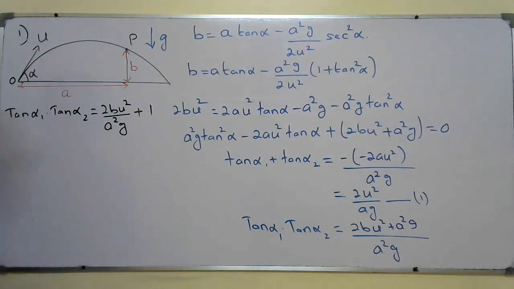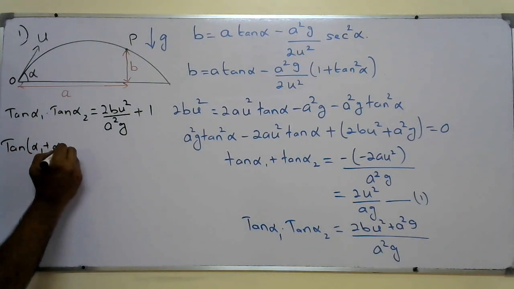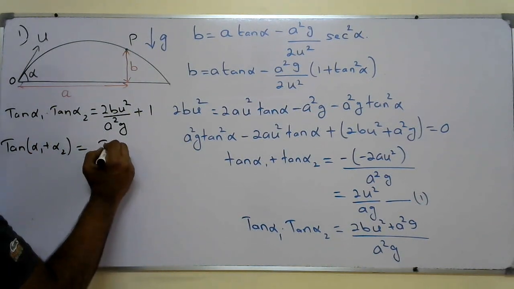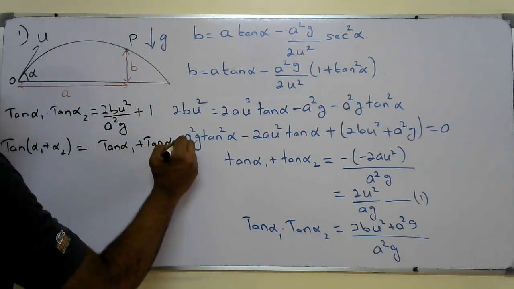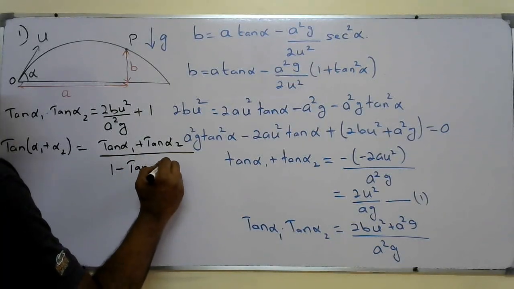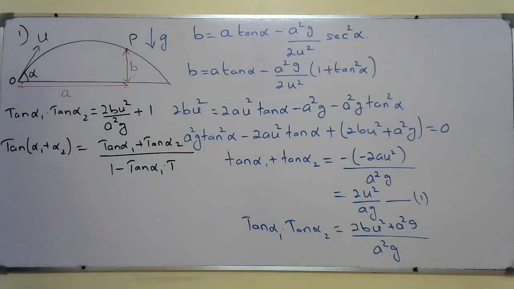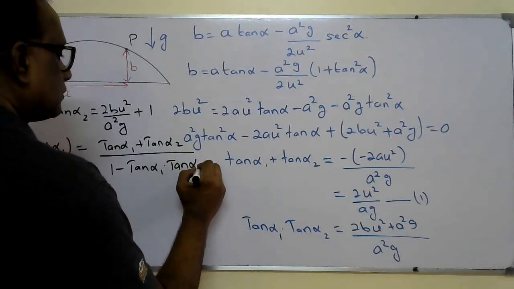The question is about tan of alpha 1 plus alpha 2. We know that tan of alpha 1 plus alpha 2 equals tan alpha 1 plus tan alpha 2 over 1 minus tan alpha 1 into tan alpha 2.